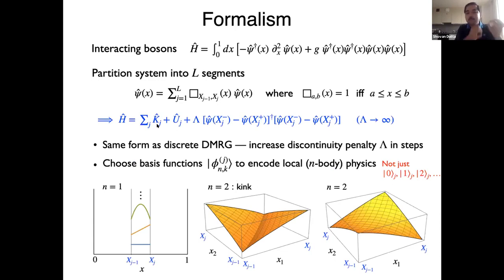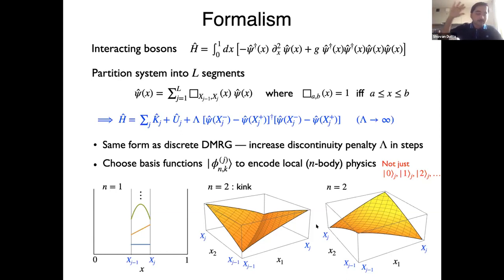Okay, so the only difference from what you have typically in a lattice system is that these segments are not only points, but rather continuous patches of space. So instead of having Fock states on the grid points, the local basis functions are now a set of continuous functions. For example, here is one segment, and there can be a bunch of these single particle basis functions. Similarly, you can have 2-body basis functions, 3-body basis functions, and so on.